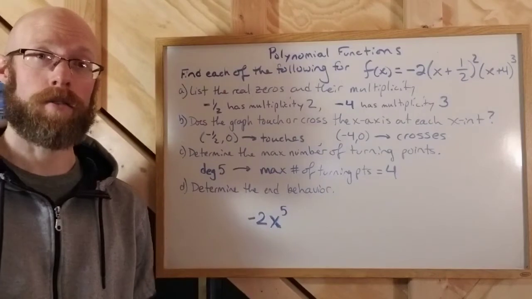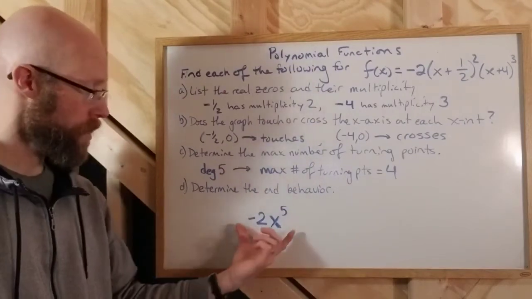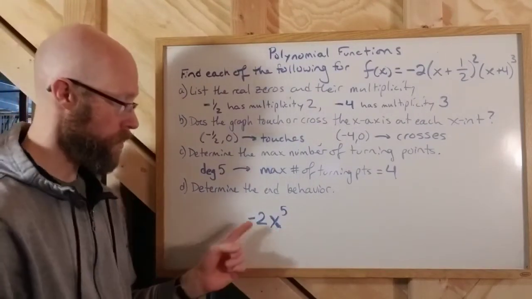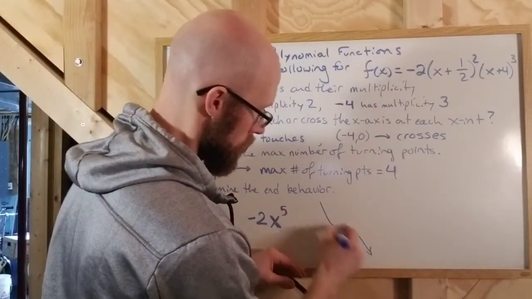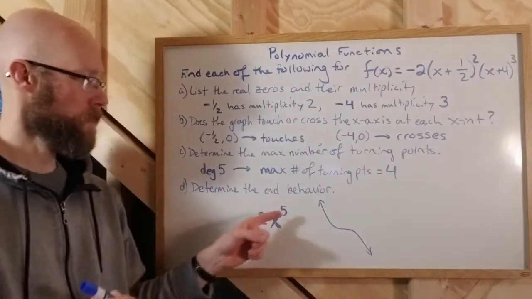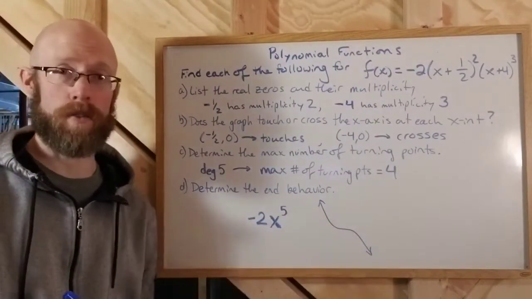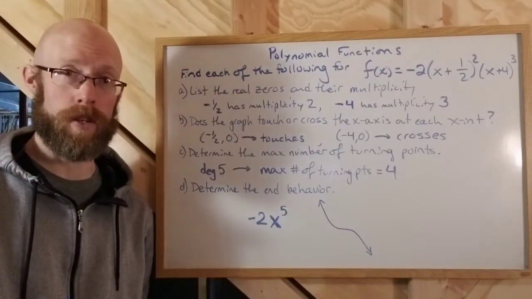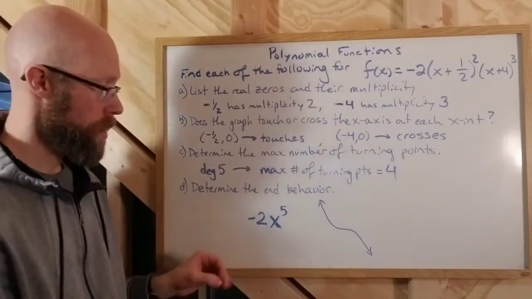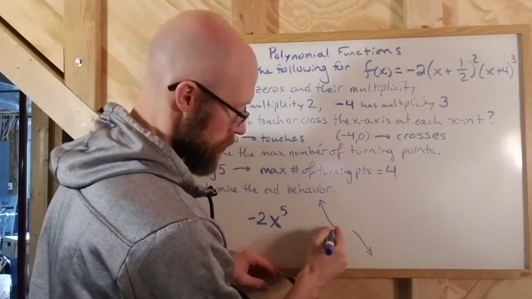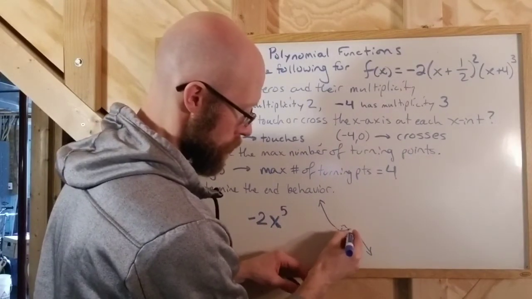Now, if you think about what that looks like on a graph, x to the fifth with a negative coefficient is going to look something like this. It is going to be a decreasing function, hence the negative coefficient, and the tails are going to go in opposite directions. Now in the middle here, like I said, there could be a bunch of turns going on.